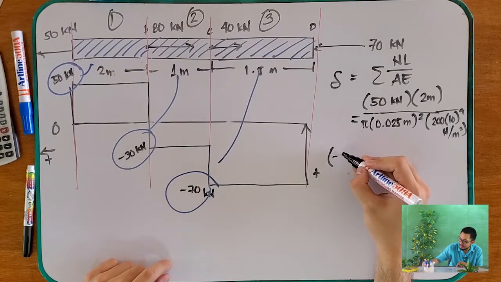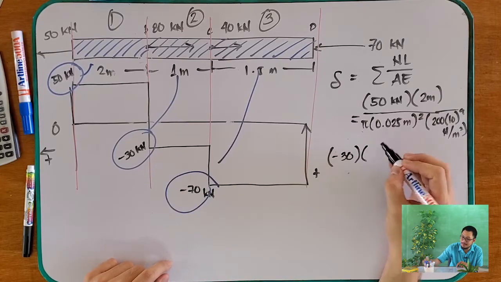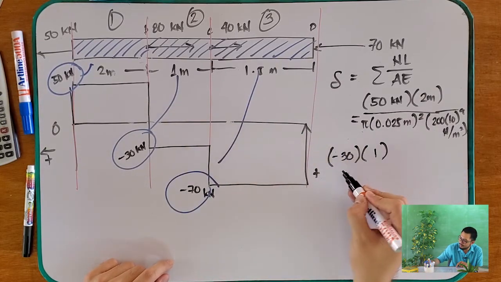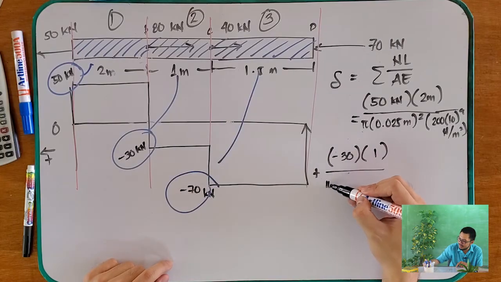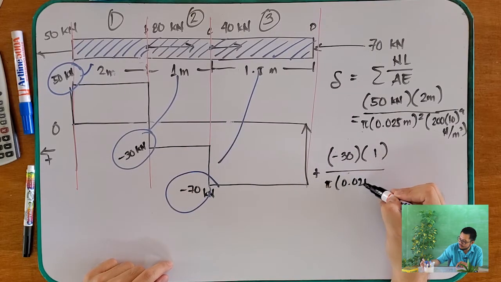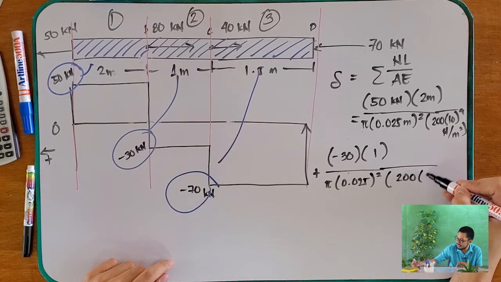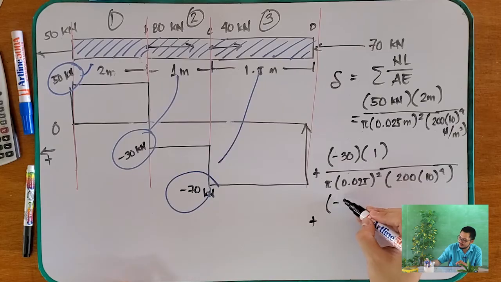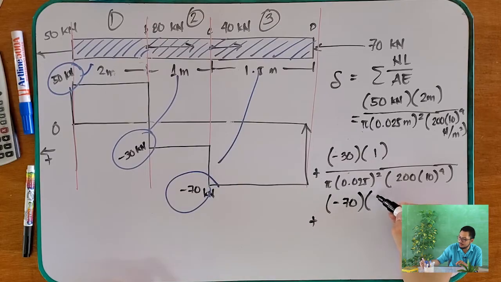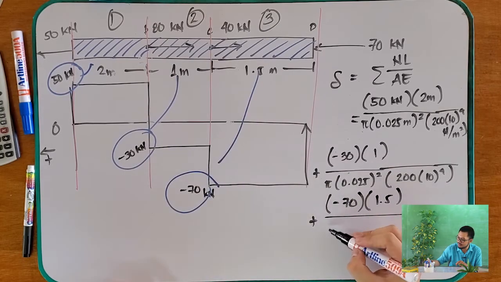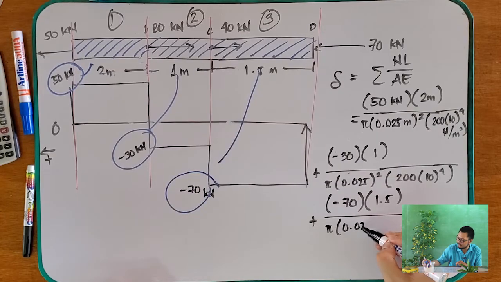Which is negative 30 kilonewtons multiplied by the length of 1 meter over cross-sectional area of pi times 0.025 squared times the modulus of elasticity of 200 times 10 to the power of 9. Okay? And then last, negative gapon, so negative 70 times length of 1.5 over cross-sectional area pi times 0.025 squared times 200 times 10 to the power of 9.